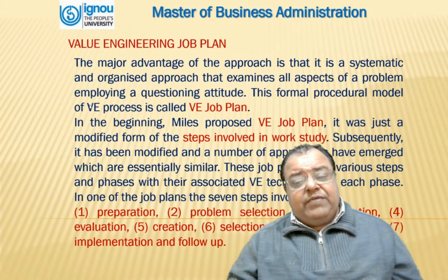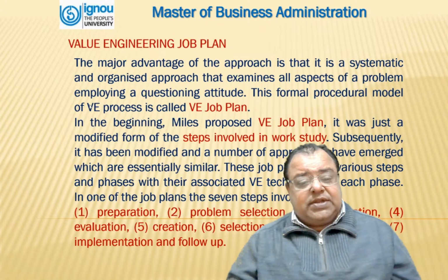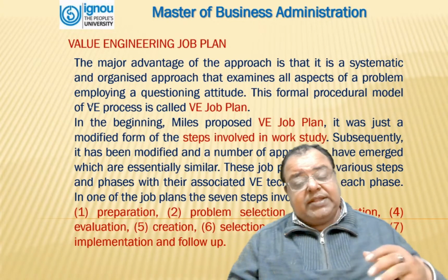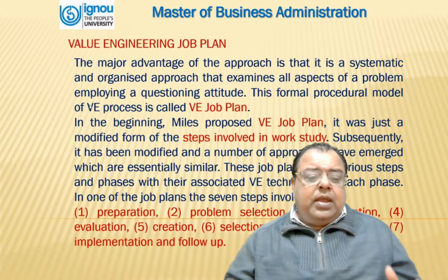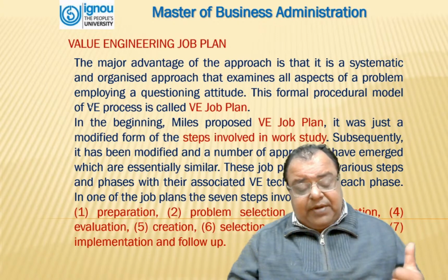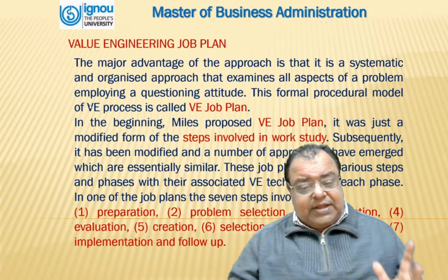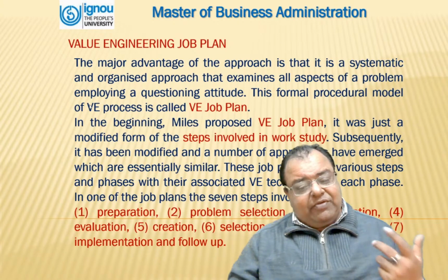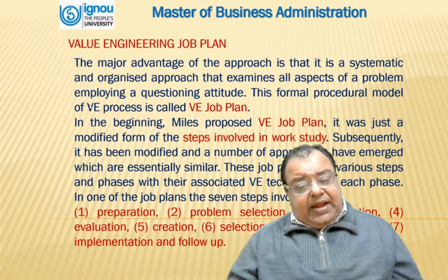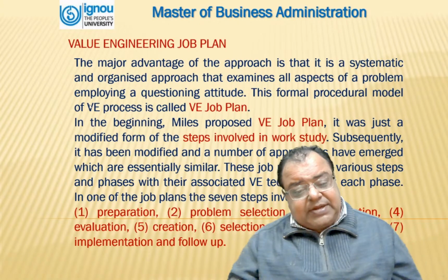These job plans have various steps and phases with their associated value engineering techniques at each phase. In one of the job plans, the seven steps involved are preparation, problem selection, information, evaluation, creation, selection and presentation, and implementation and follow-up.